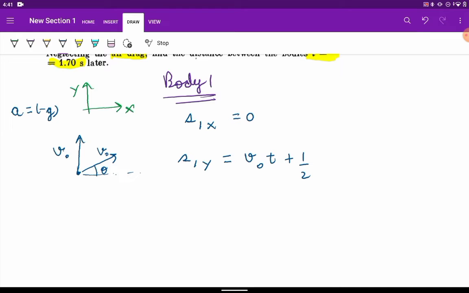So half into minus g t square. This represents the position of body 1 after time t.